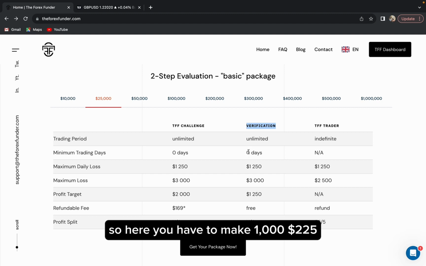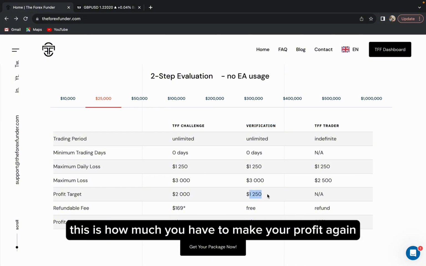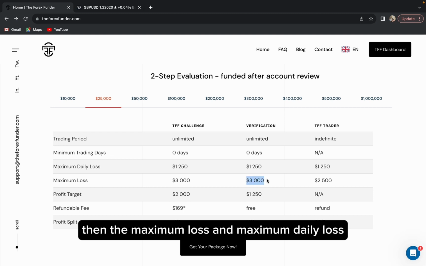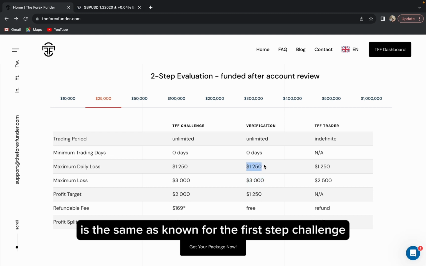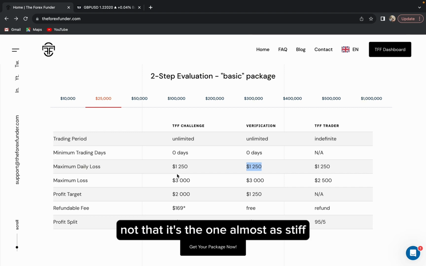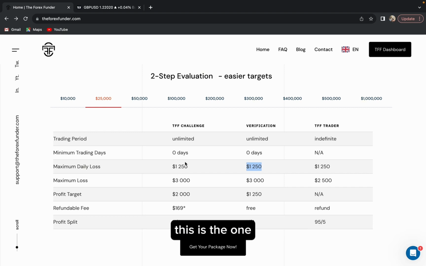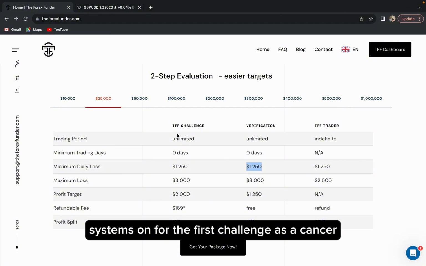So here you have to make $1,225. This is how much you have to make as your profit target. Then the maximum loss and maximum daily loss are almost the same as the one for the first challenge, as you can see.